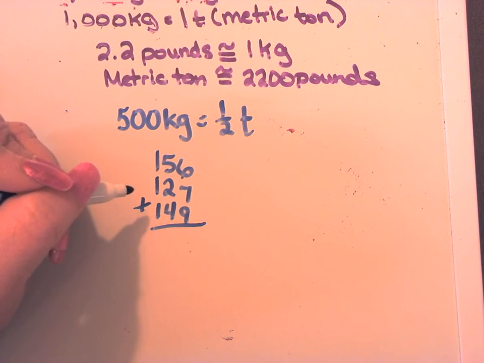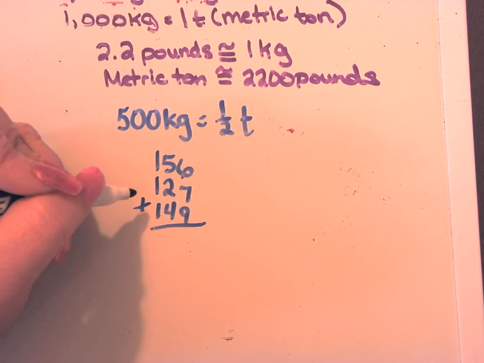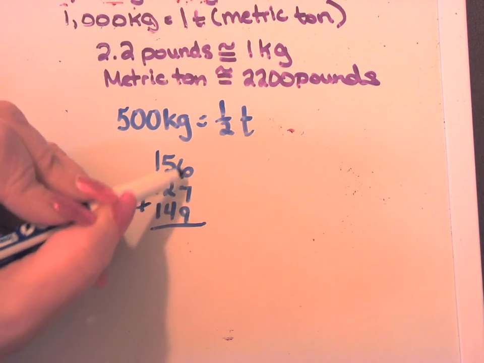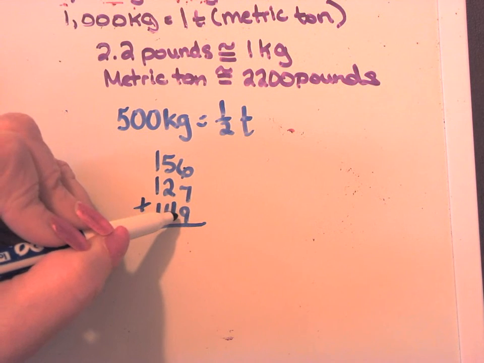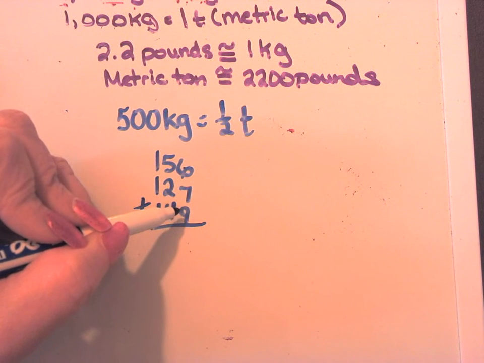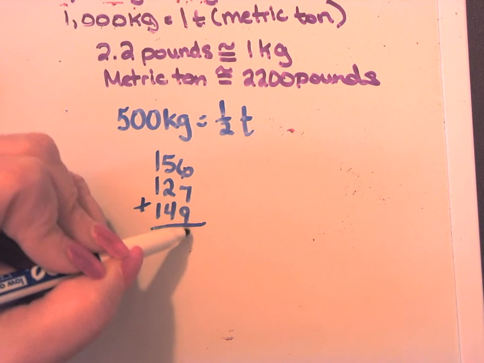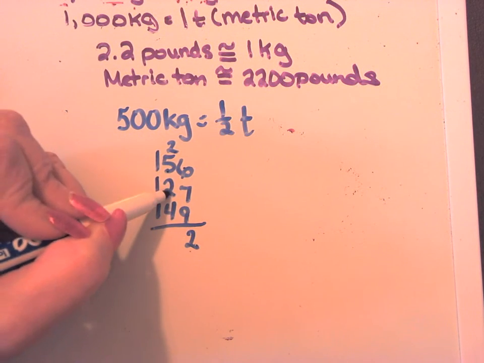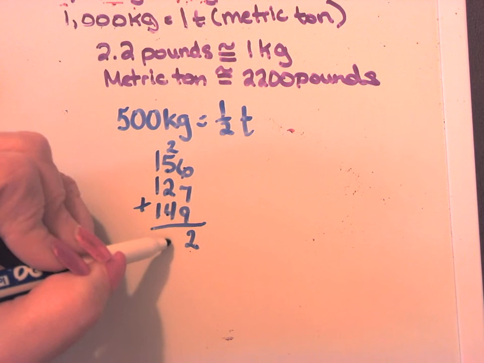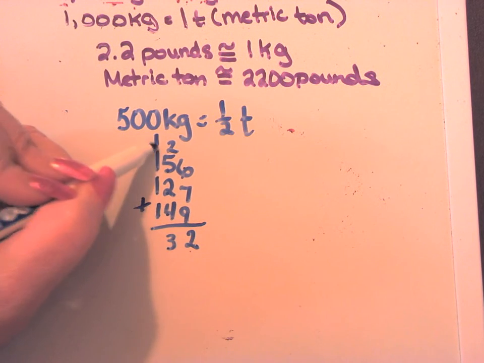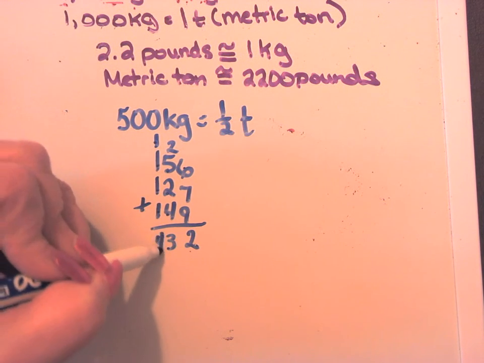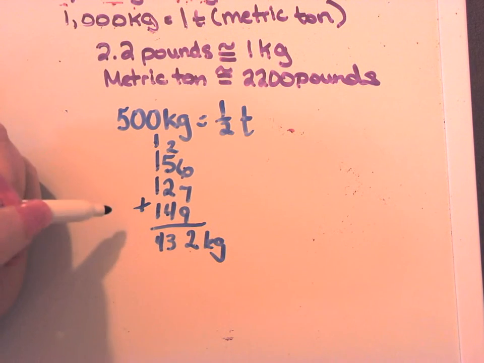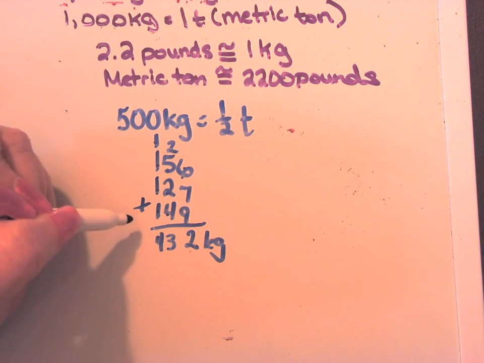But it says about a half a metric ton. So if it's close to a half a metric ton, we should be good. So we can add these up. 9 and 6 is 15, and then add our 7 to that, and we have 22. And then we have 7, 8, 9, and 4 more is 13. 1, 2, 3, 4, 432 kilograms, which is less than 500 kilograms. So no, it would not overload it.